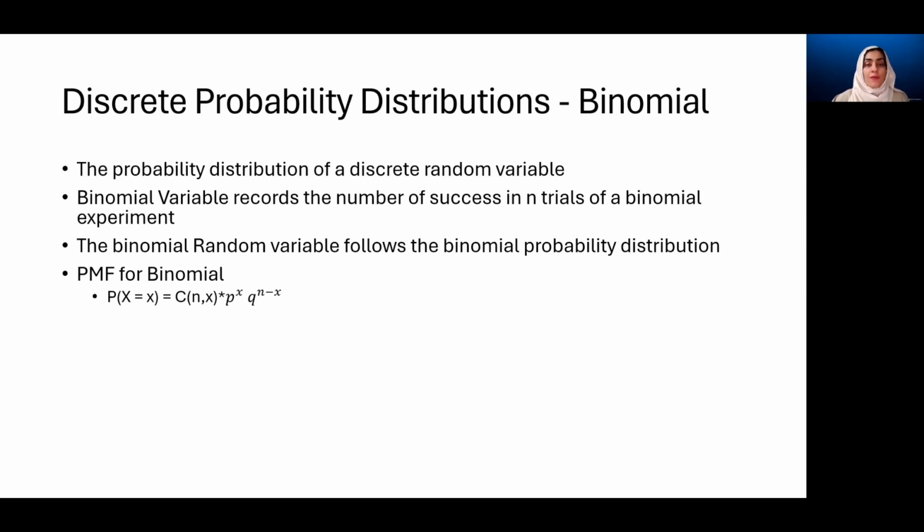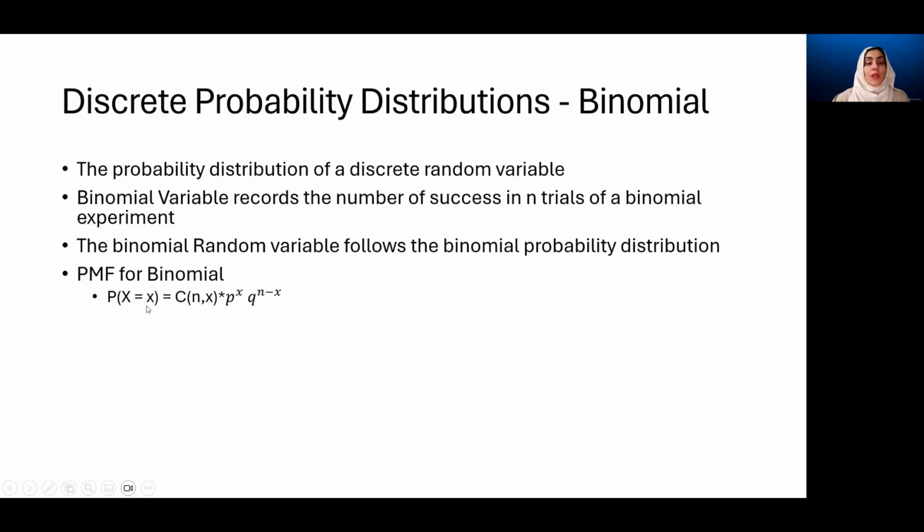So say, for example, if we are repeating a trial, such as we are trying to count the number of female students who enter the university gate on a certain day, our success is that someone who enters is a female student. So we count it as success. And we do it for 50 students. Here we have 50 trials, so the N is 50.